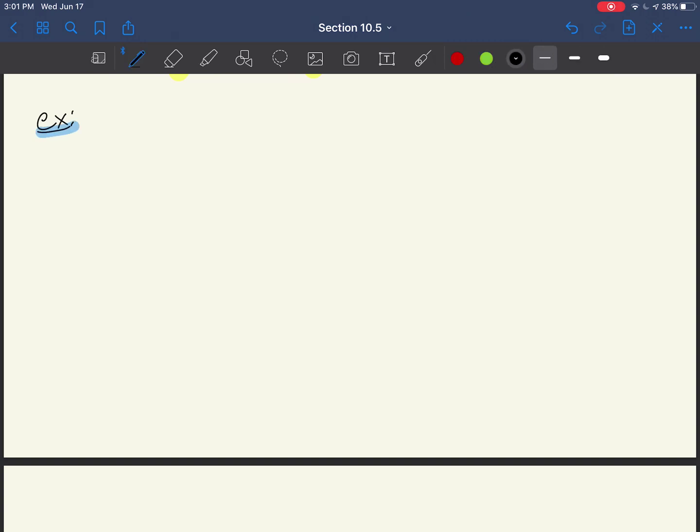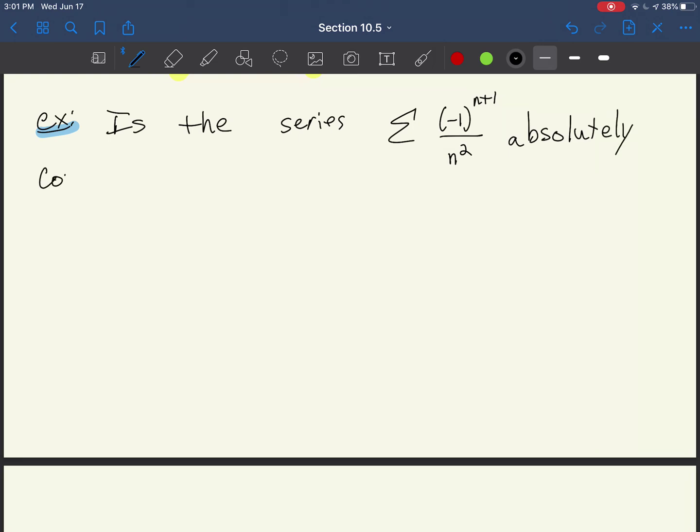Let's see an example. Is the series the summation of -1 to the n plus 1 divided by n squared absolutely convergent? Notice this series does not have all positive terms because of this -1 to the n plus 1, which is going to make it oscillate between positive and negative.